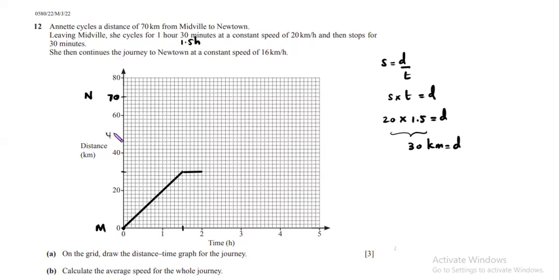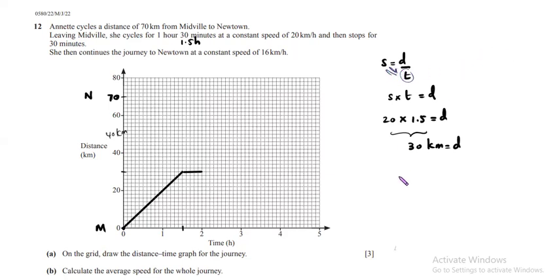So from wherever she is at the moment, she has to travel 40 kilometers to reach Newton. But we do not know how much time is taken. That is what we are supposed to find now. So speed is equal to distance over time. If I'm to calculate the time, I need to swap the speed and time.